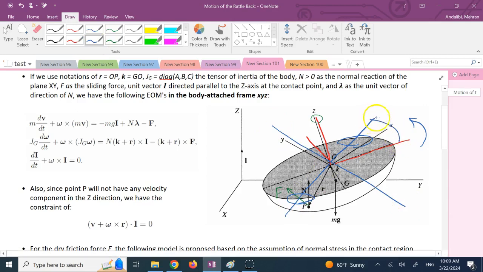Your rotation omega and this angle D are now in the same direction. Based on whether this rotation angle and theta are in the same or opposite direction, you get two different types of behaviors, or two different types of rattleback.